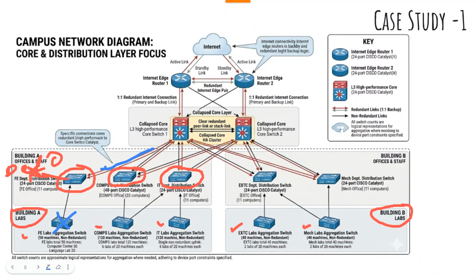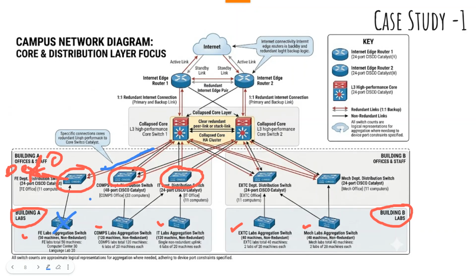This means the switch is connected to the core with a backup link. So if my primary link fails, automatically my secondary link will be active. Now we are not adding a device level redundancy here, but we are adding a link level redundancy.